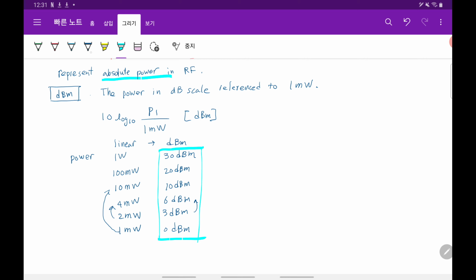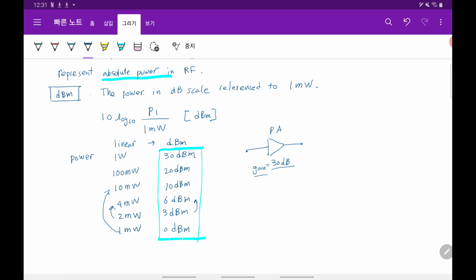So 0 dBm means 1 milliwatt. So 1 watt means 30 dBm. The reason why we use this kind of dB scale is, if we say this PA has a 30 dB gain. Gain is 30 dB, a relative ratio, right?